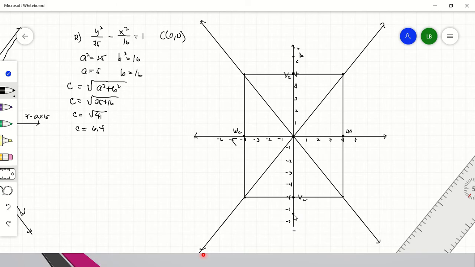So, dito 6.5 sa gitna. So, yan. So, ito yung focus. So, pwede na tayo mag-drawing. So, from the vertex, yan yung ating hyperbola.